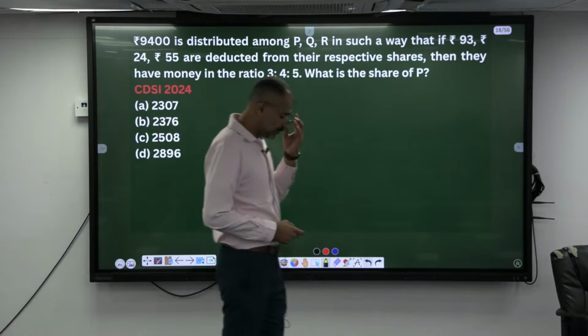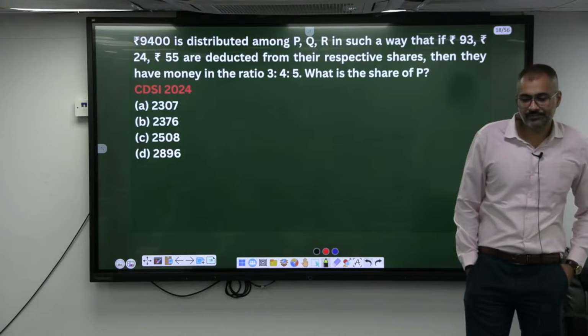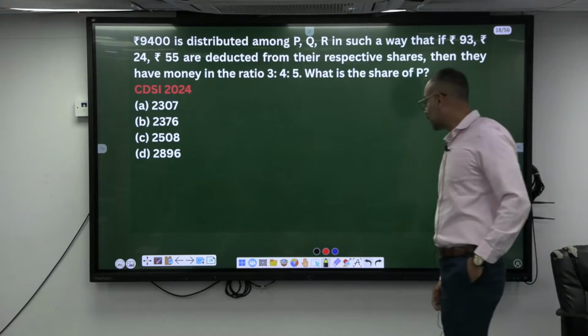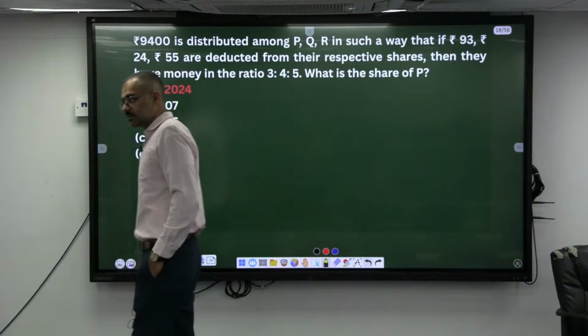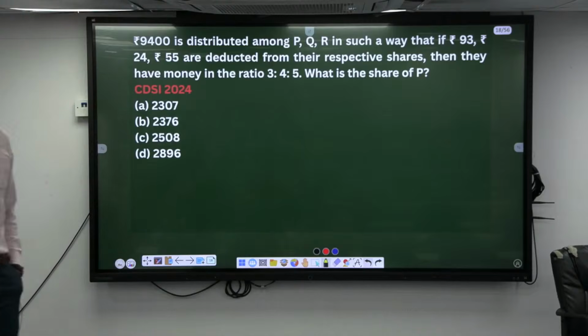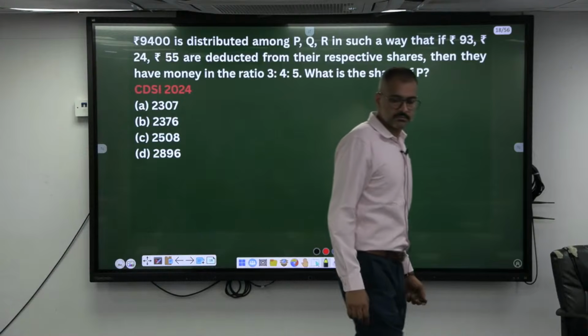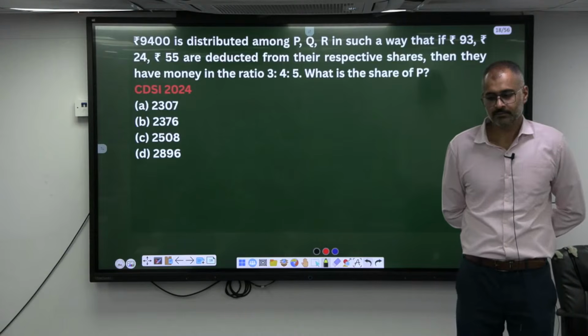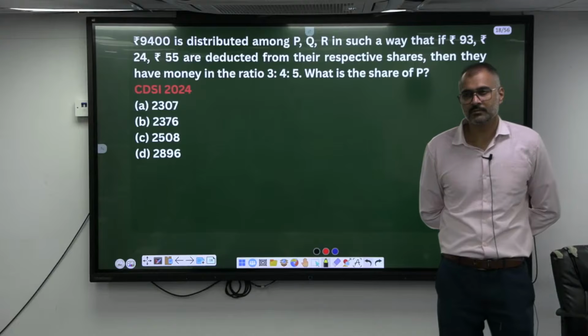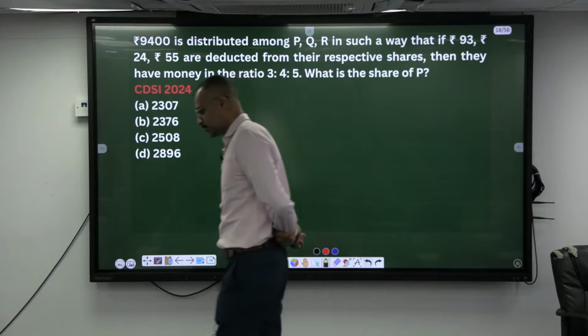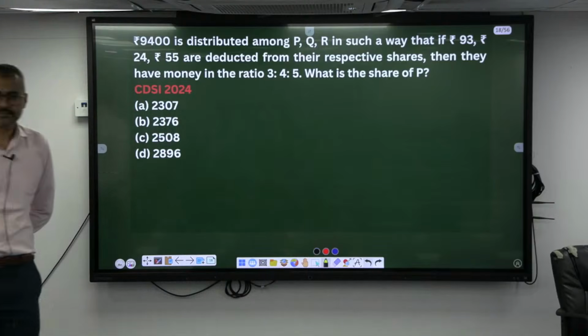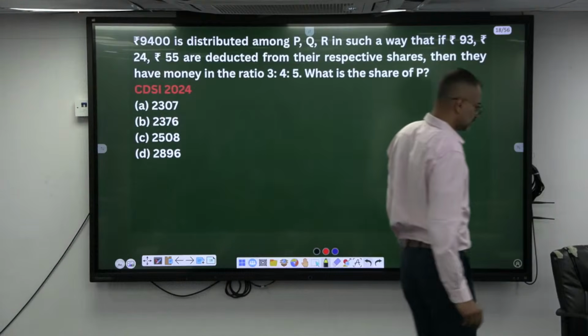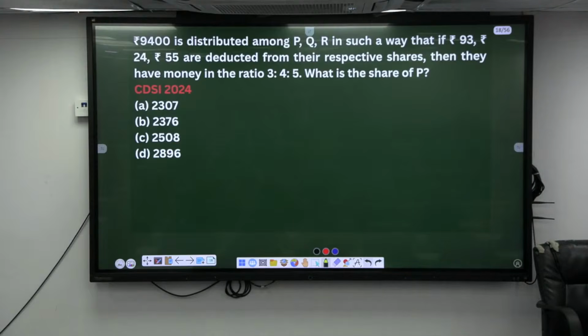The remaining will be out of 9,400, 172. 9228. 9228 has to get divided among them in the ratio 3:4:5. 12 points. Do it, come on. Ready, sir?